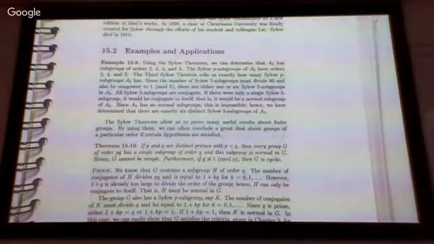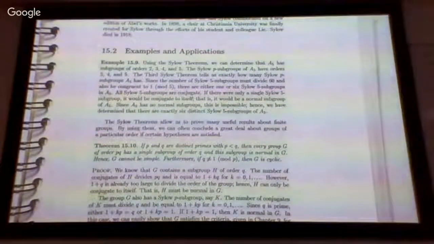How many of these things does it have? Like the count of each of them. Let's call them K2, K3, where the index is the prime. K2 is the count of how many Sylow 2 subgroups there are, K3 how many Sylow 3 subgroups. So can we work it out? K2 must be congruent to 1 modulo 2, and K2 must divide 60.